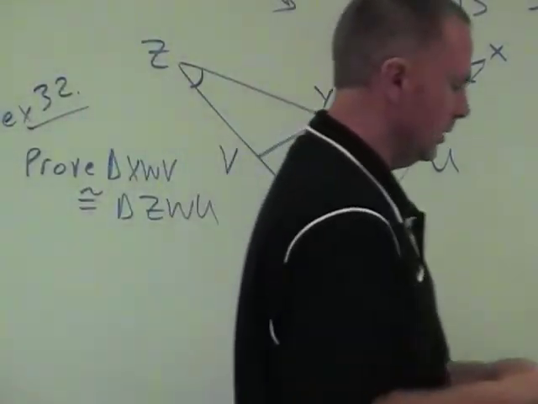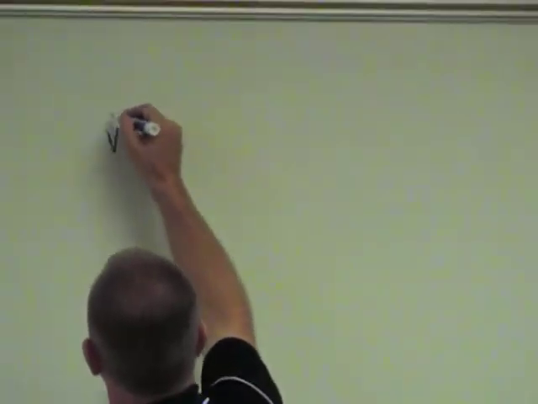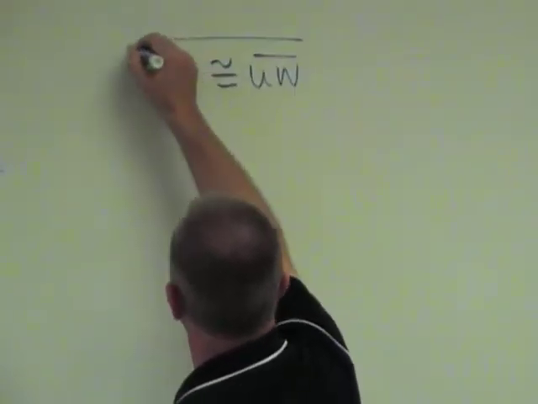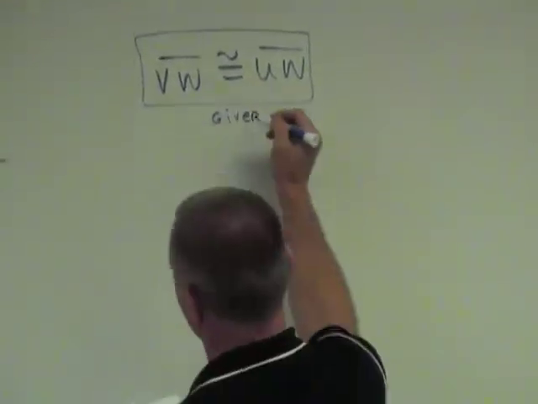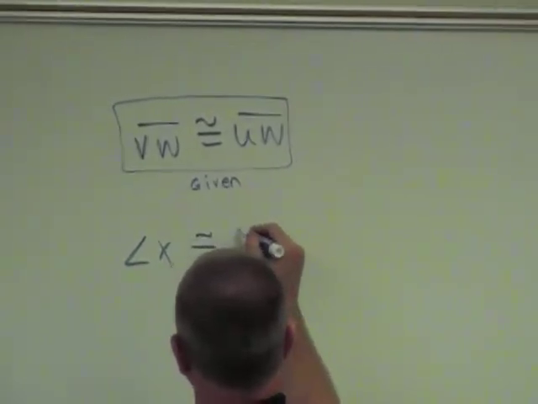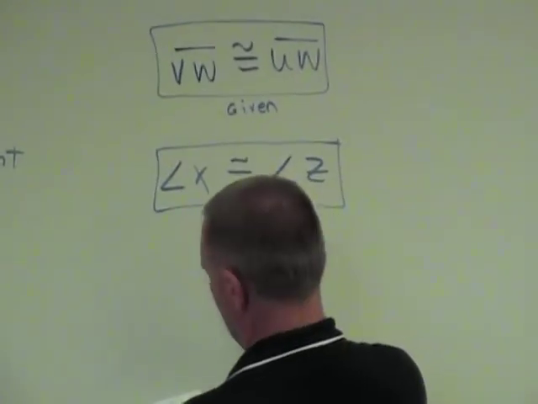Alright, so we have segment VW is congruent to UW. And that's a given. We have angle X is congruent to angle Z. That is a given.